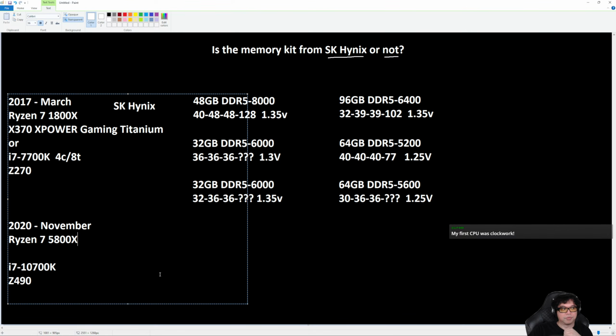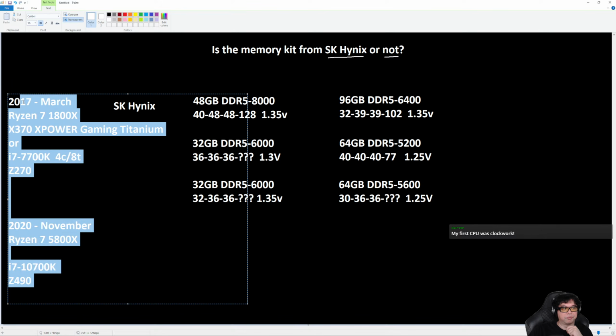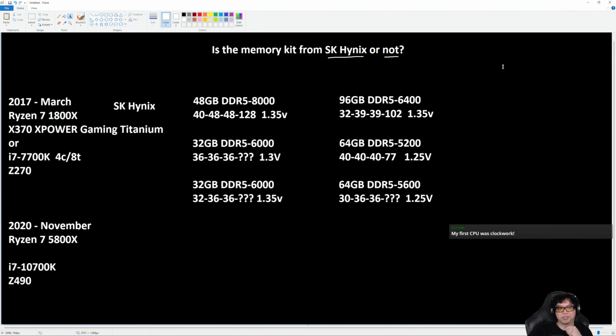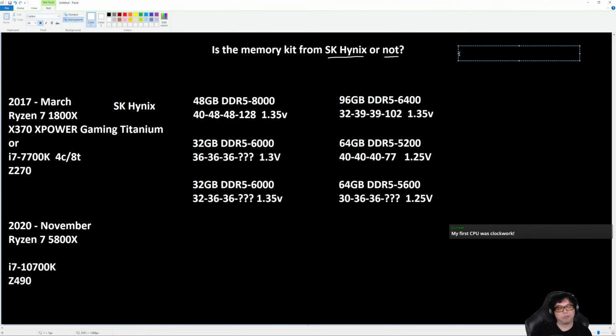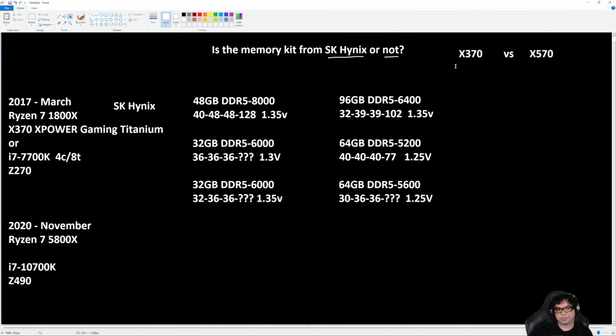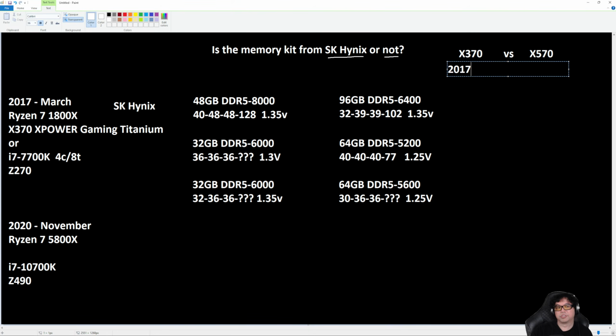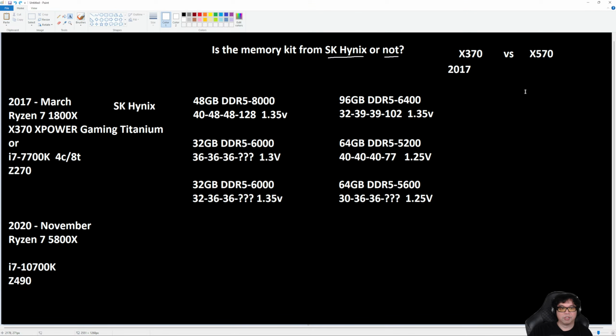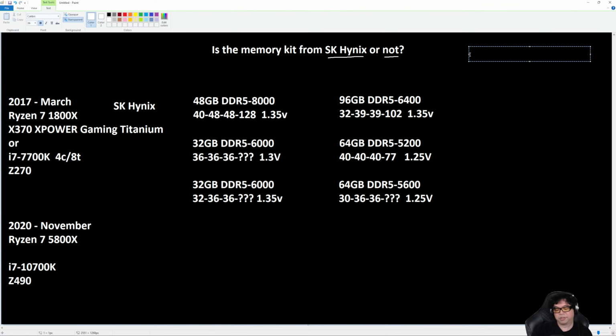Now, let's do a different discussion here. So if I went with X370 versus X570. X370, 2017. X570, 2019. Or actually, let's do it a little bit different.